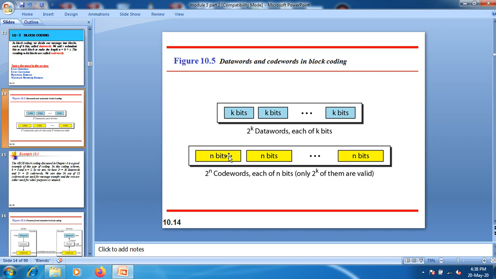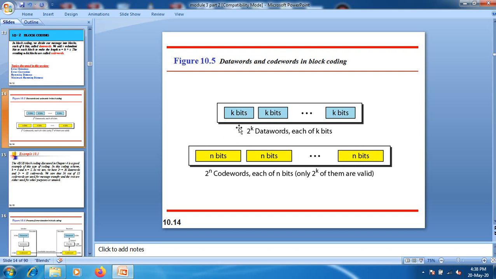And when it comes to block coding, this process is a one-to-one process. One data word is mapped to the correct code word here. In the sense, around 2 to the power k valid code words we are having here.